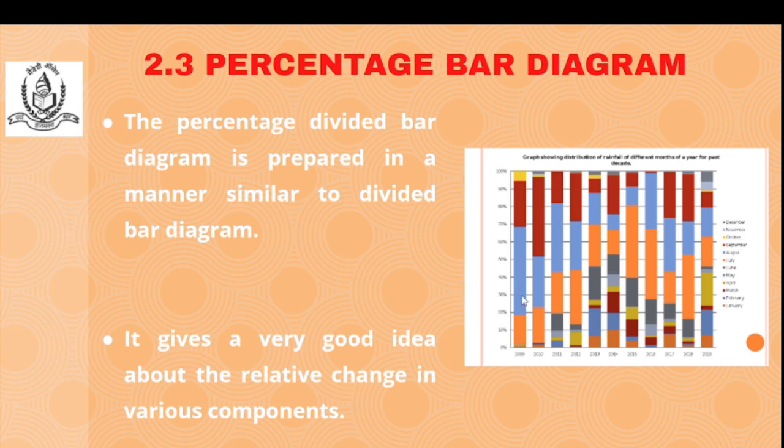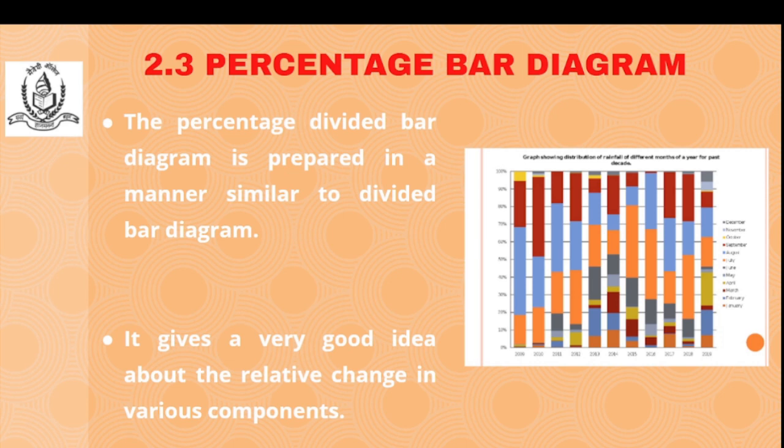The different colors you can see here are actually the different values obtained in every month. And the values that I am referring to here is the distribution of rainfall in different months of a year.